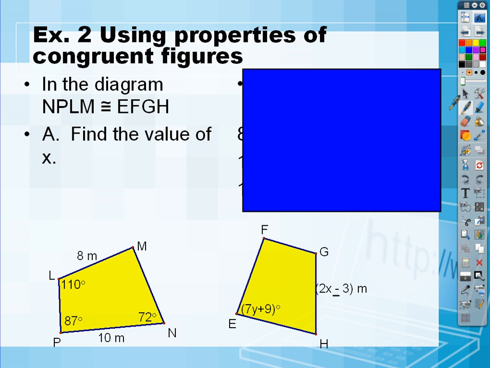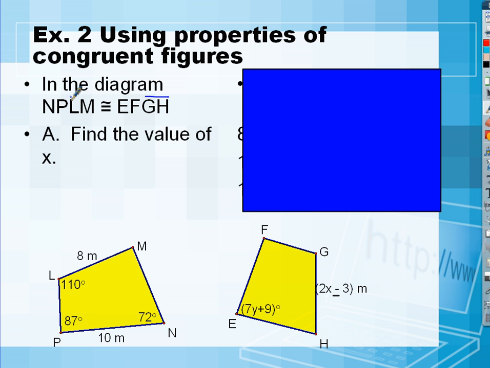GH, right? Okay, so if that's side GH, well, GH goes with LM, right? So we can match those two up. So then this length must equal that length, right? We can set the corresponding parts equal to each other.